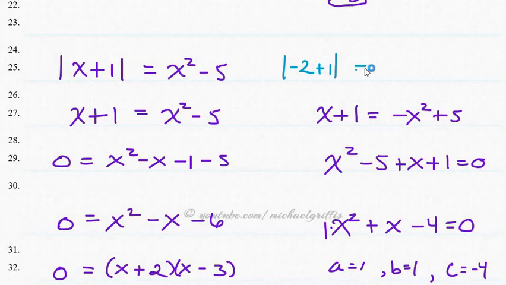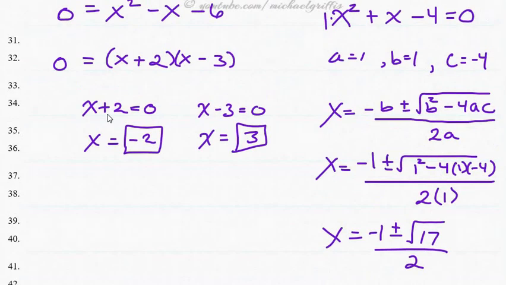This is the question: are they equal? Well, negative 2 plus 1 is negative 1, but the absolute value of negative 1 is positive 1. If you square negative 2, you get 4. 4 minus 5 is negative 1. And those aren't equal. So therefore, this is not a solution.